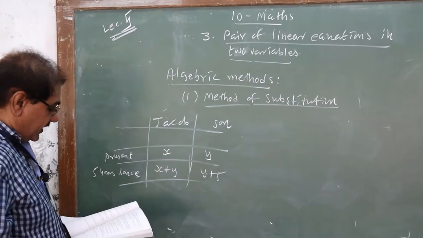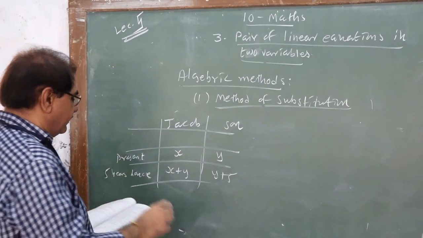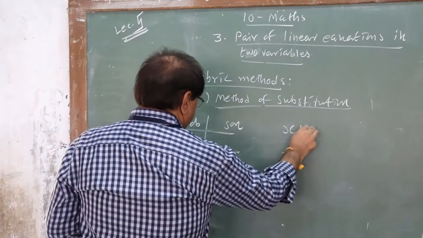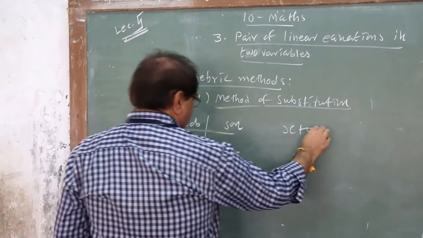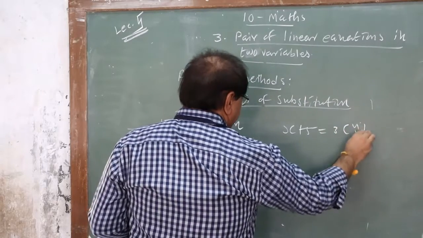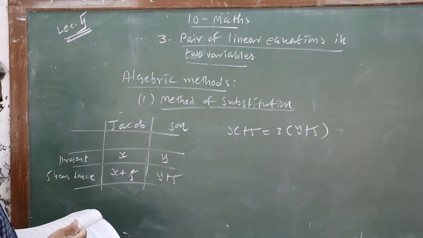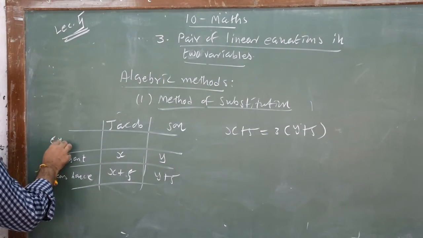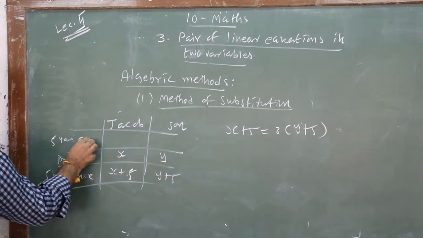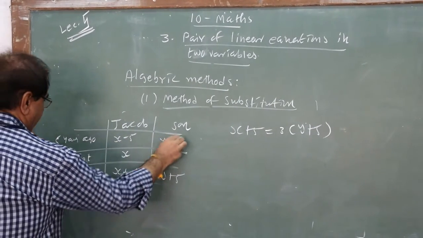So what is after 5 years? 5 years hence, Jacob will be 3 times the age of his son. And 5 years ago, before 5 years, so x is the present age, so x minus 5 and y minus 5.